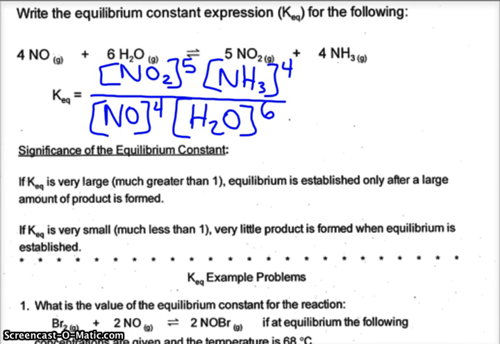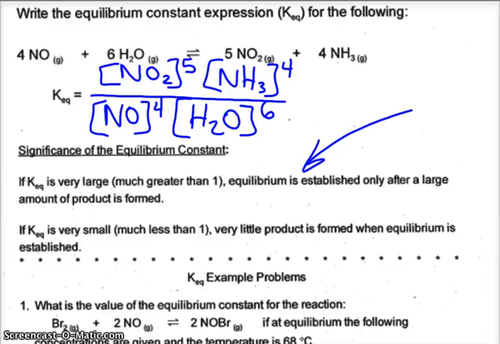If we think about what this means, we said there at the beginning on the previous page, equilibrium does not mean there's an equal amount of products and reactants. So what does the numerical value of KEQ actually tell us? That's its significance. If KEQ is a really, really big number, that means that my numerator is going to be a lot bigger than the denominator, which means that I'm going to have many, many more products that are formed.